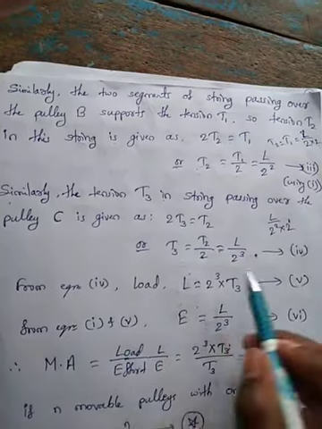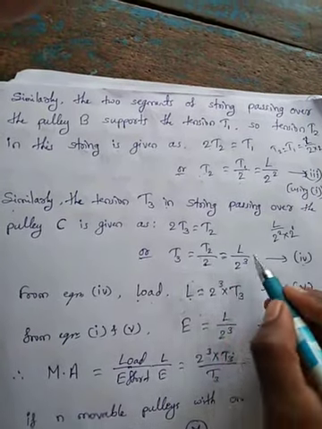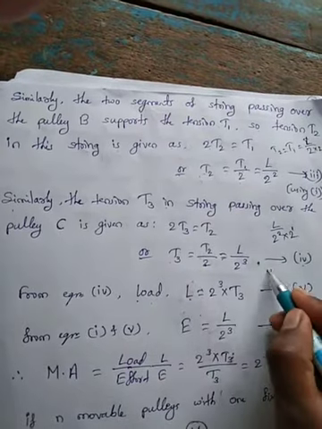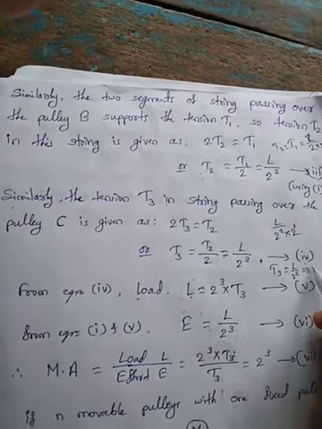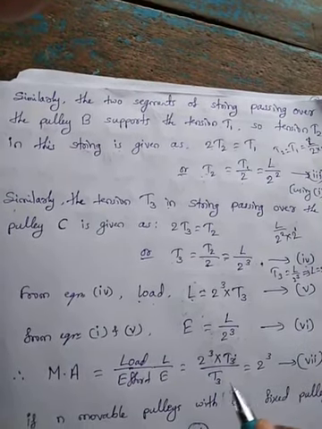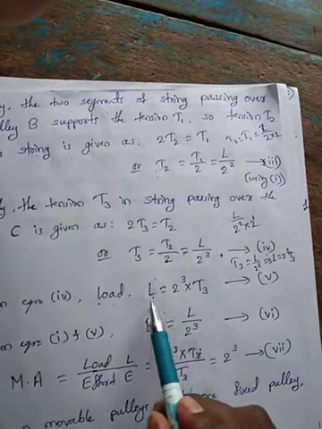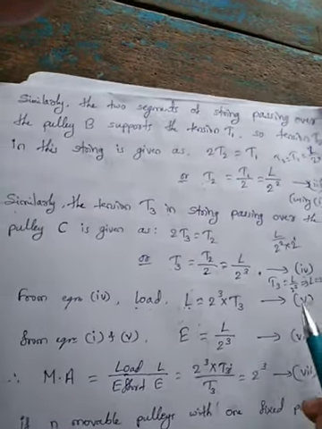From equation number 4, T3 is equal to L divided by 2 cube. Using this, L is equal to 2 cube into T3. This is equation number 5.